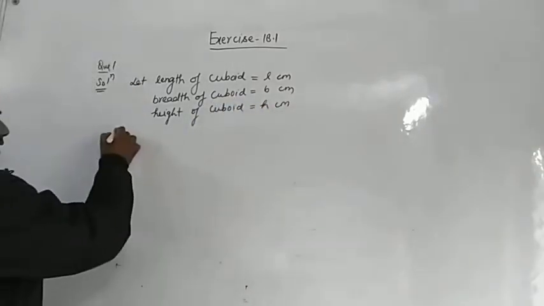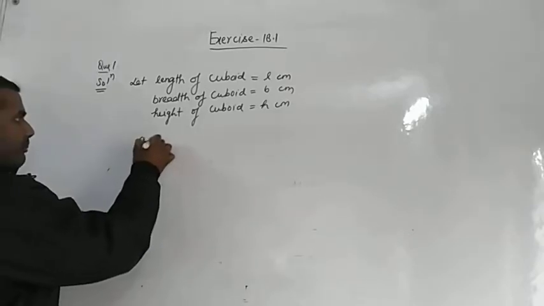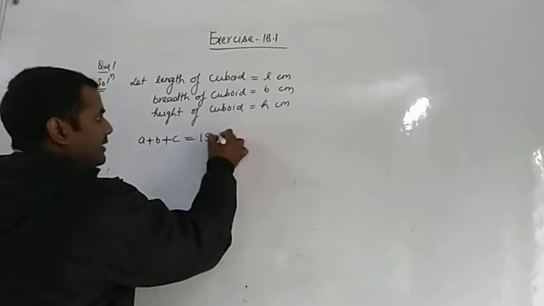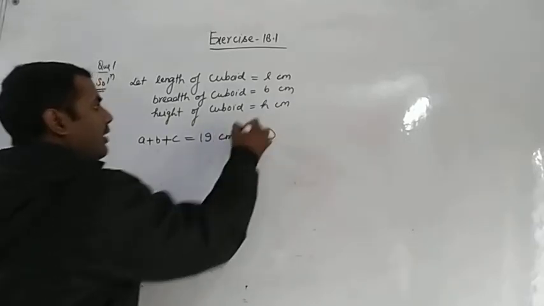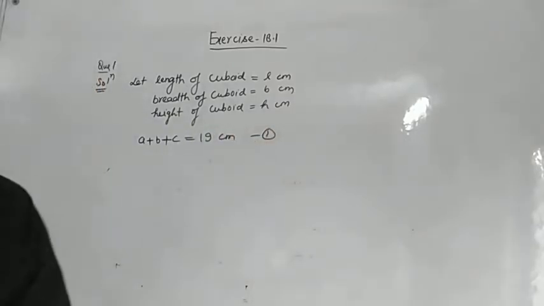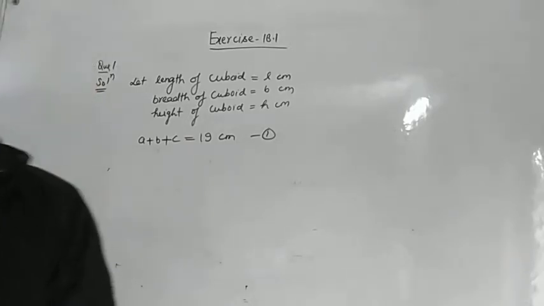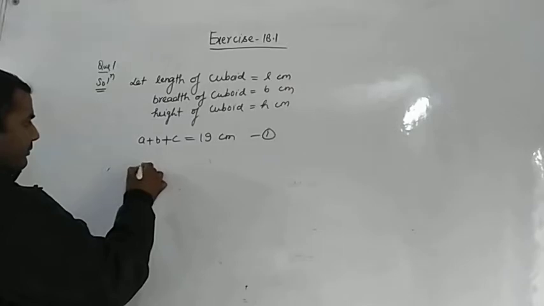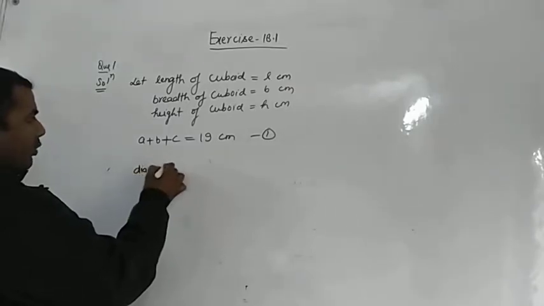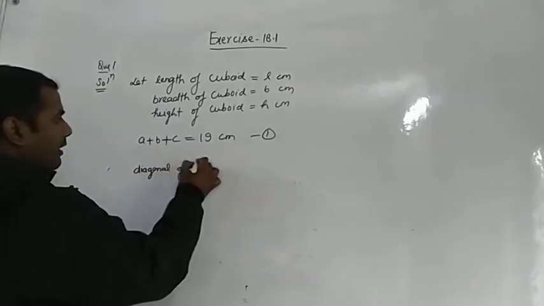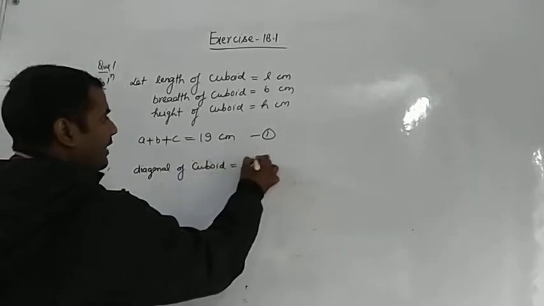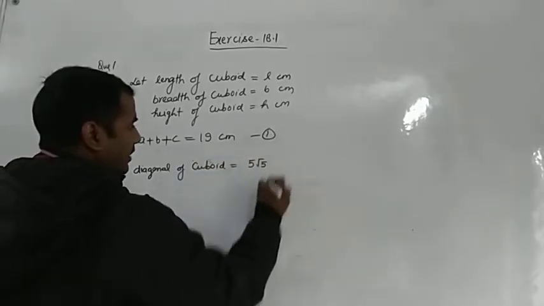According to question, given that L plus B plus H is equal to 19 centimeter, this is equation number first, and also given diagonal of cuboid is equal to 5 root 5.